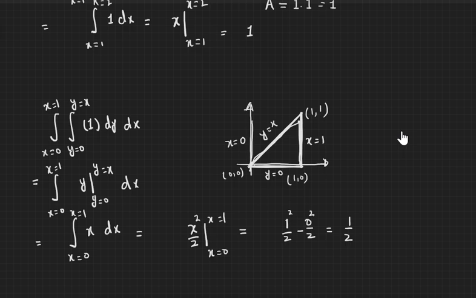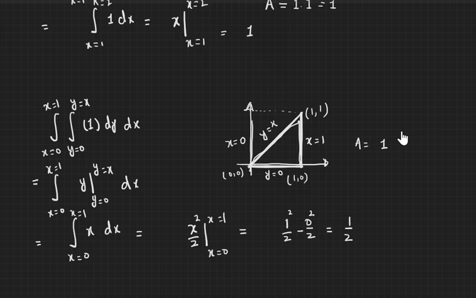And using elementary geometry, we know that if these are the given coordinates, it means that if I complete this, that would give us the square where the length of the side is 1 unit. It means that the area of this square is 1 into 1, which is 1.